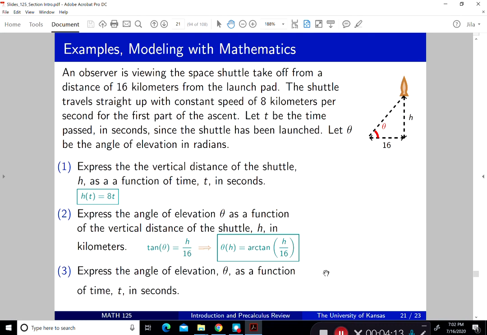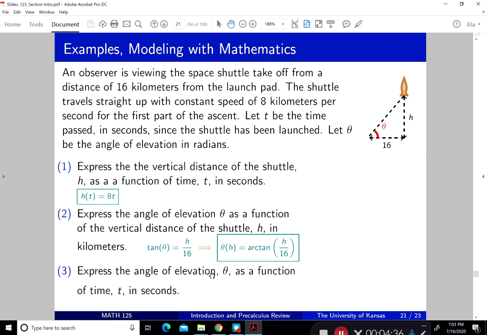Now, the next question is: express the angle of elevation theta as a function of time t. We had theta of h and I had h of t.